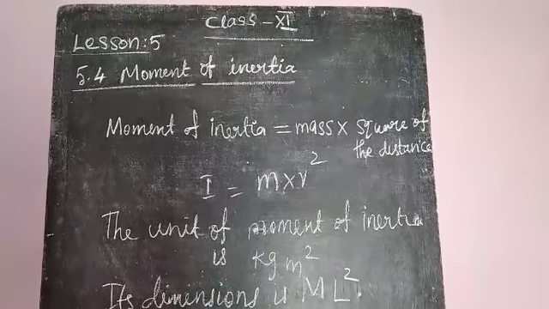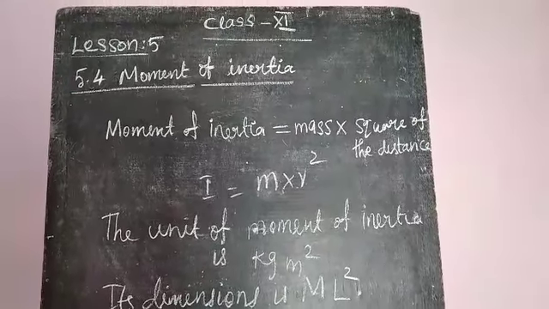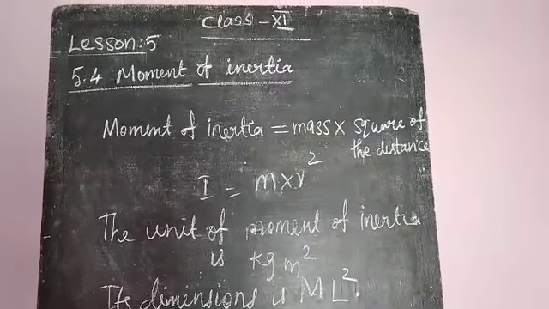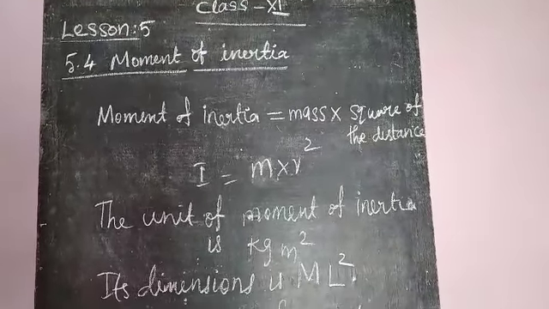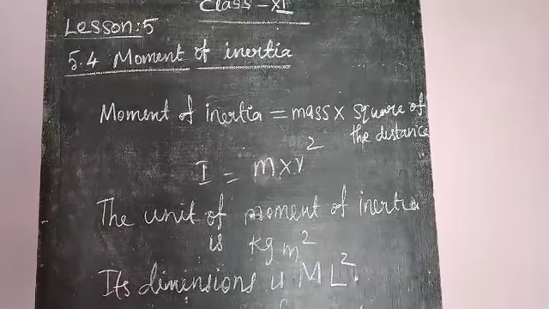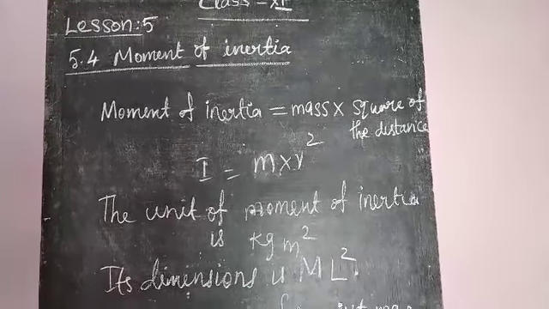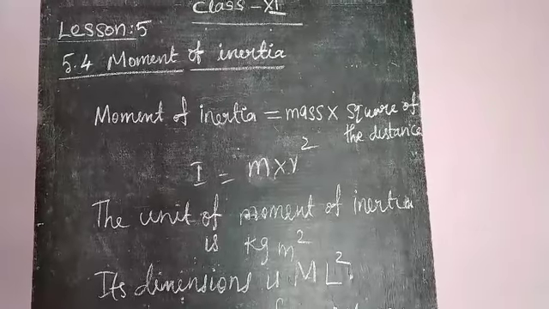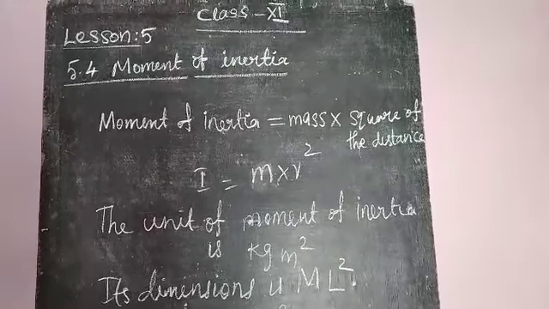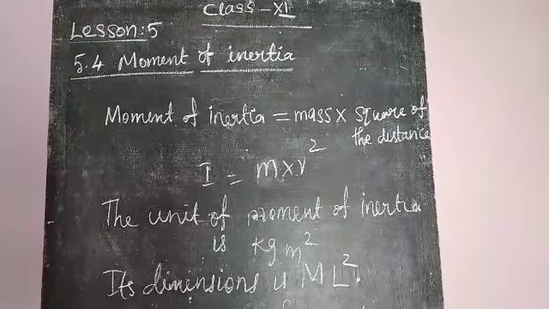I equal to m into r square. Here I represents moment of inertia, m represents mass, r represents the distance. So moment of inertia I is equal to the product of mass and square of the distance between them.